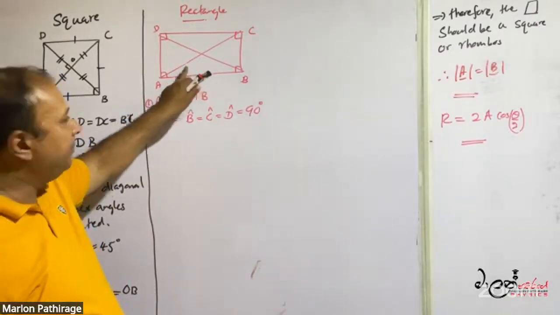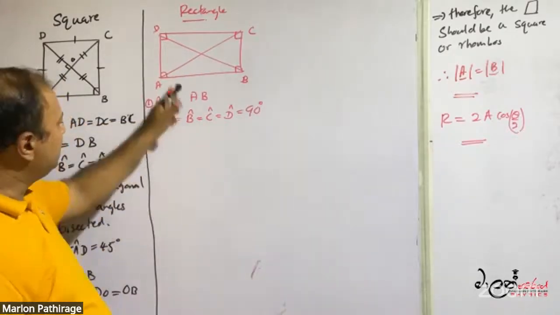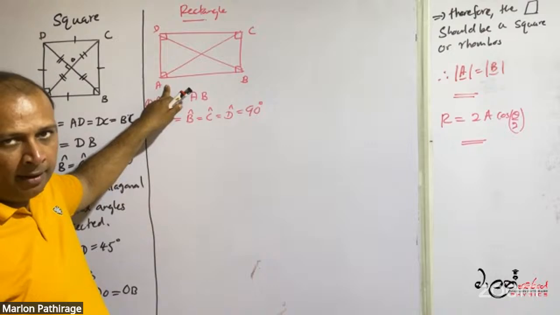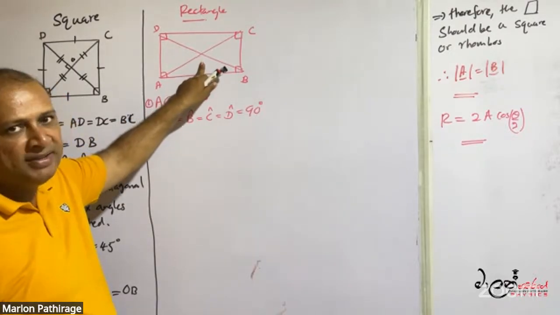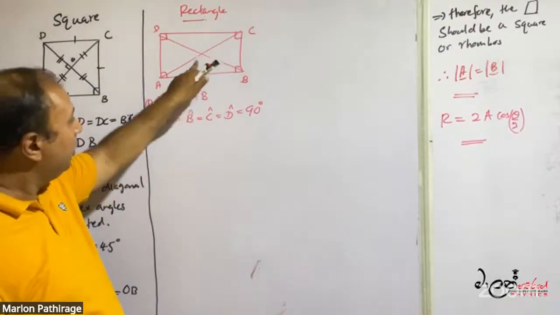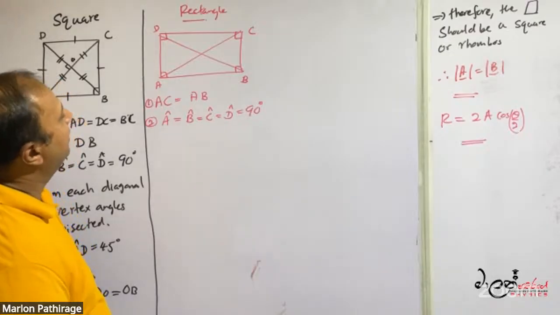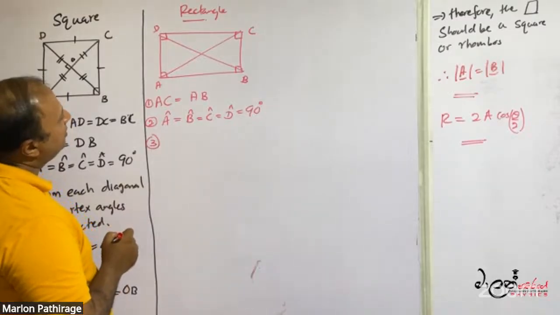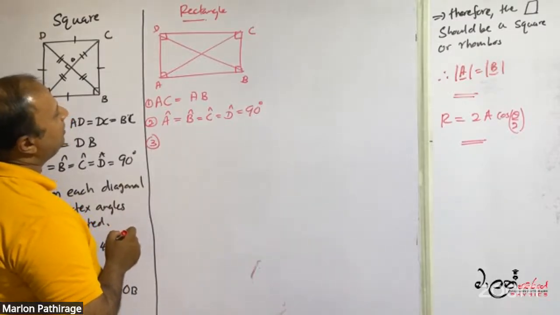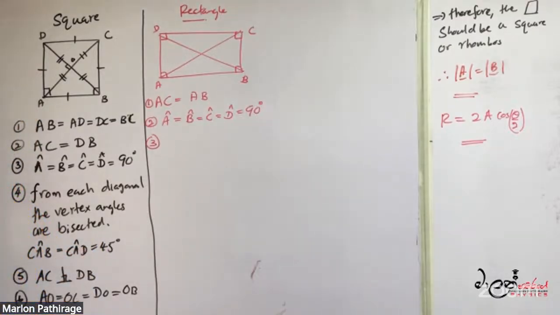But these diagonals are not bisectors of the vertex angles, and they are not perpendicular bisectors. They are not even perpendicular to each other. Okay. Then the third one: AC equals BC, angle AB.